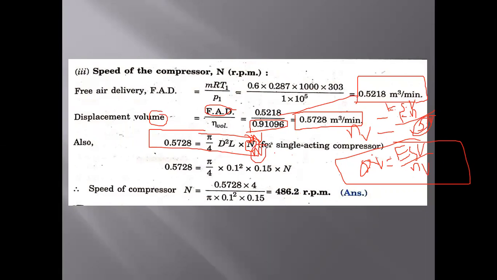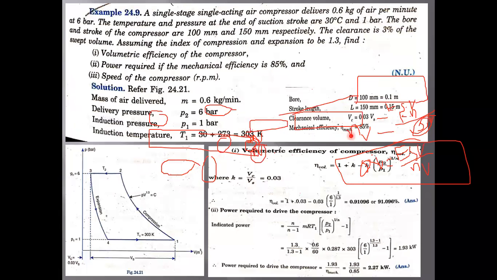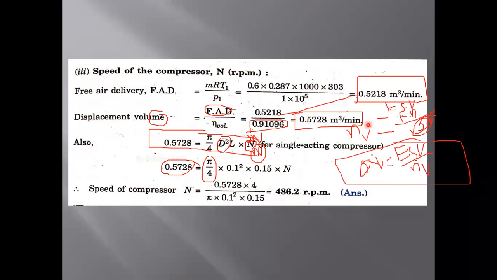So n he asked to find out. We have this displacement volume, and pi by 4 is a constant value, and d square, the bore diameter, has been given. How much? 1.1 meters, and that squared. We have to take that in the MKS system only.